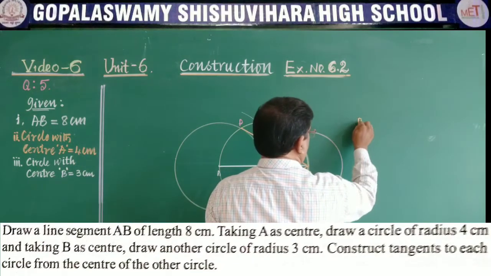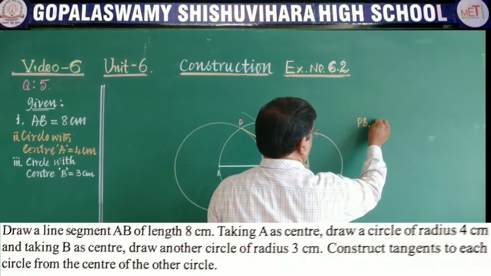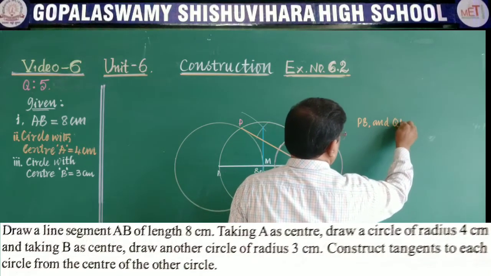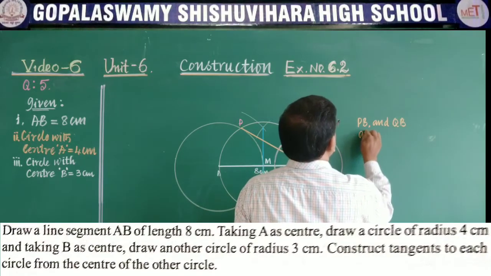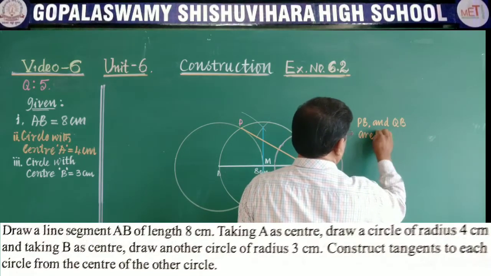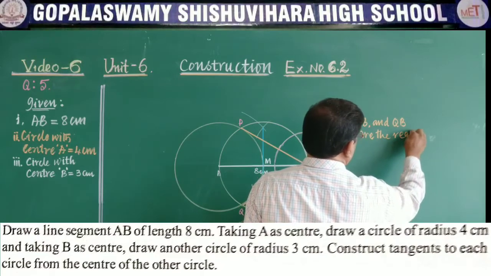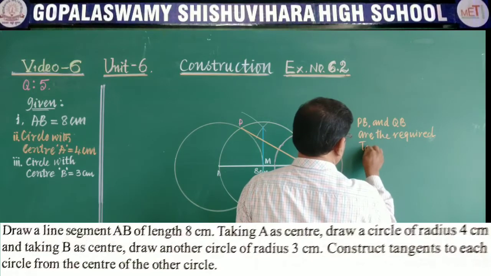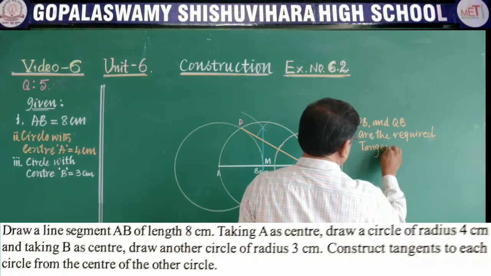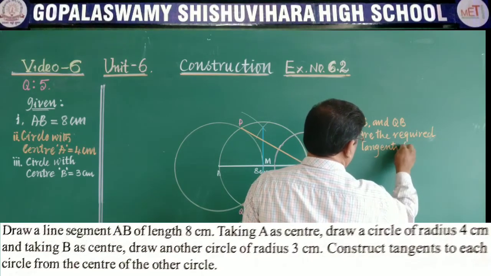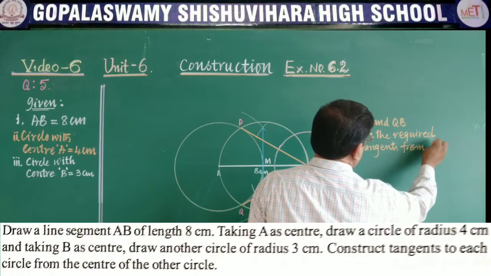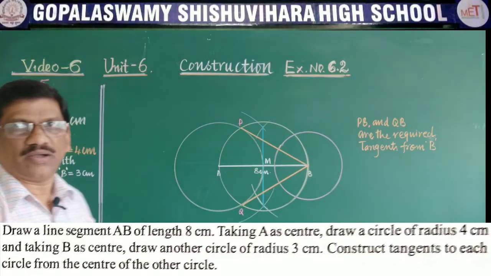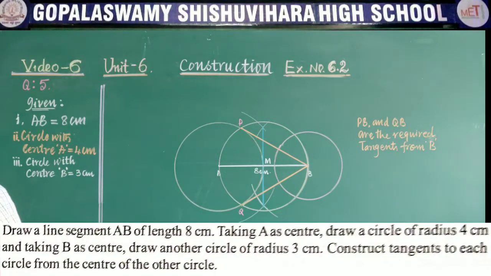So, let it be PB and QB are the required tangents from B, isn't it? Okay. Next, what we have to do, children?